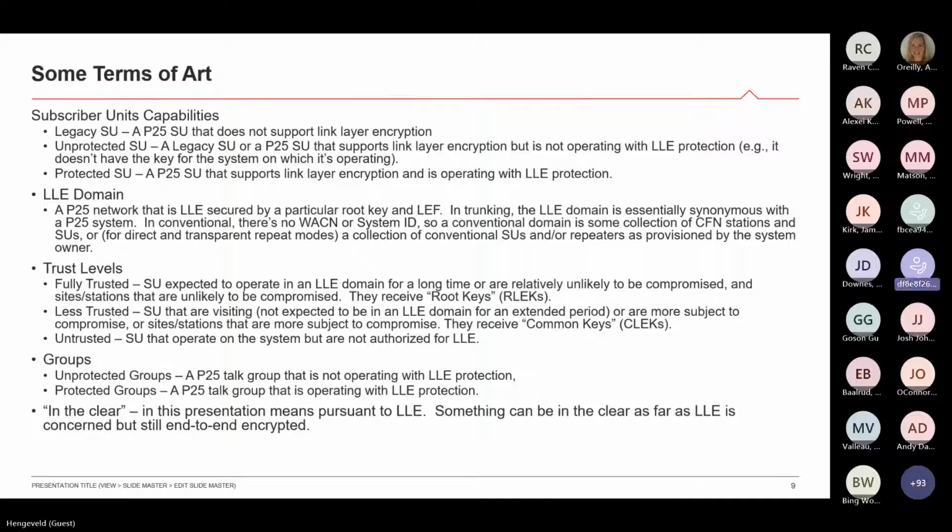It can be a very important use case if most of the time you want to be protected, but you need to go into some domain, some area where you need to interoperate with people who are either on legacy radios or operating unprotected for some other reason. So again, we have these distinctions throughout between things that are protected and unprotected, things that are trusted and less trusted. We'll use in the clear in its usual meaning of not protected.